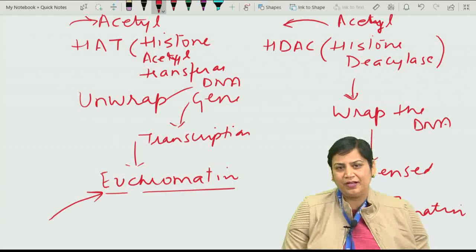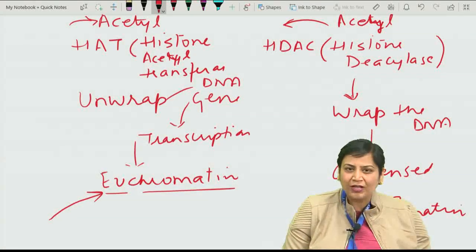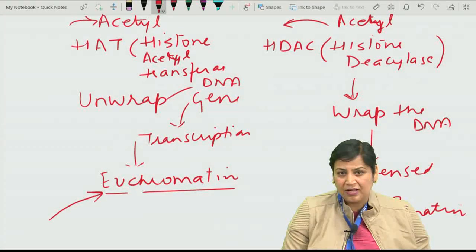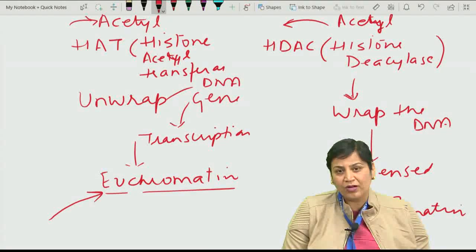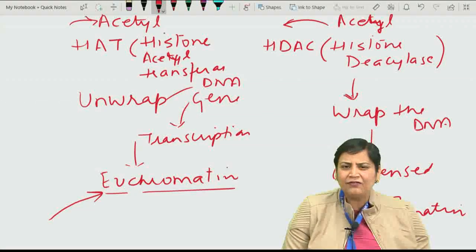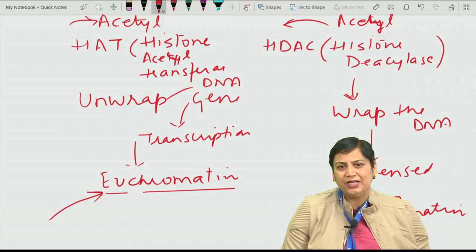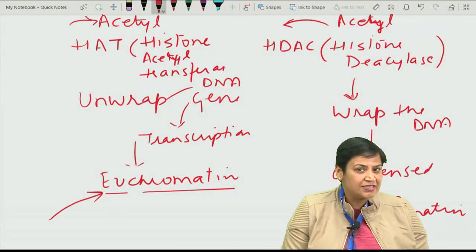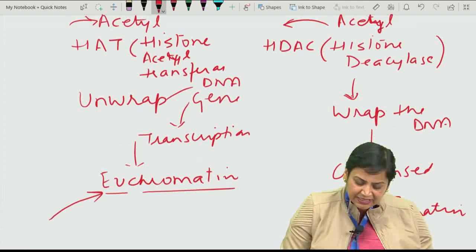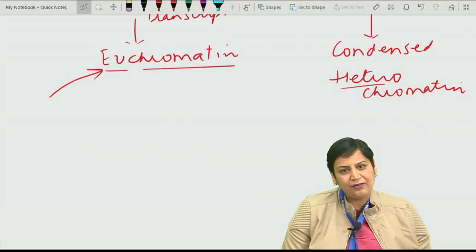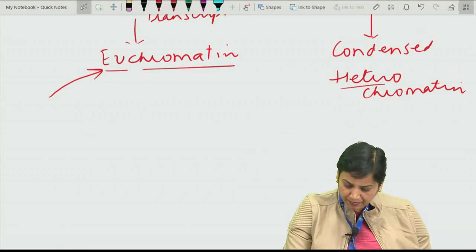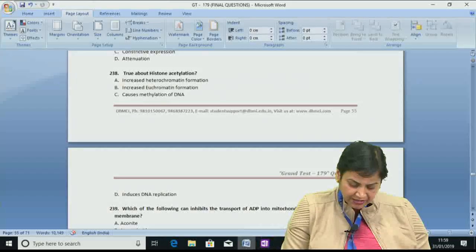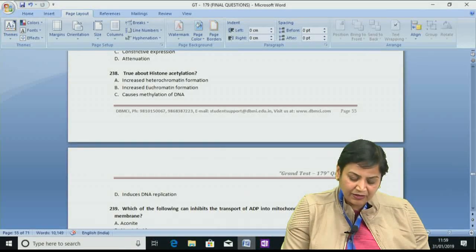Other processes are also there, like methylation. Methylation is again very important, and these all play a very important role in epigenetics. But so far as acylation is considered, there is always an increase in euchromatin formation. And that is the answer. It increases euchromatin formation.